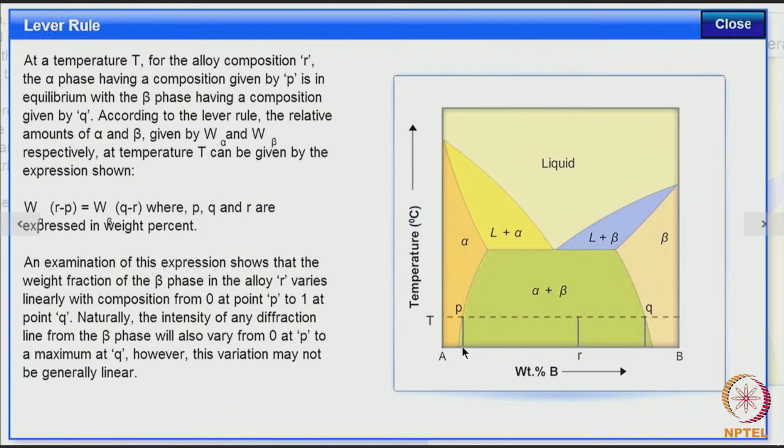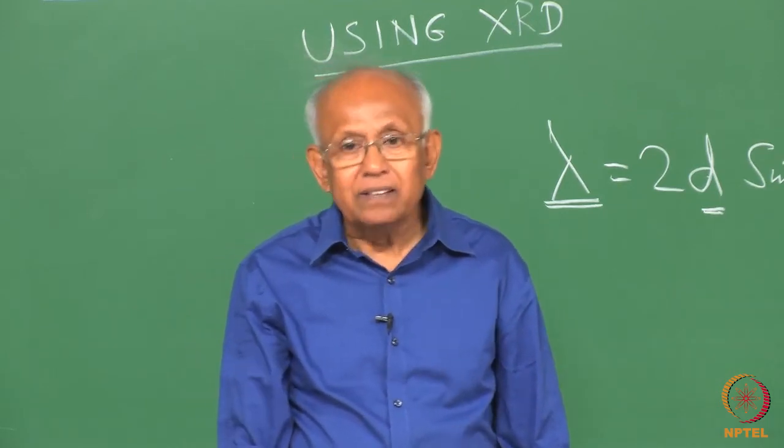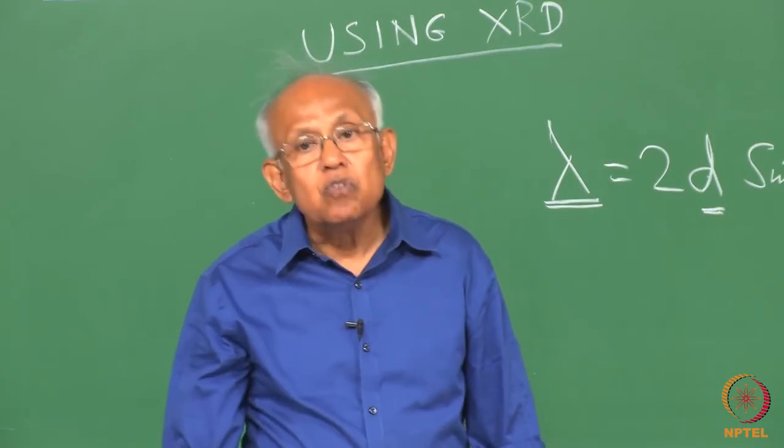They keep on changing as we move along this line, and at this particular temperature we find that the weight fraction of alpha divided by the weight fraction of beta will be equal to Q minus R, that means this length, divided by R minus P, that means this length. So, this rule is known as the lever rule, and that will give us an idea of how much of the two phases will be present in an alloy within the two phase region.